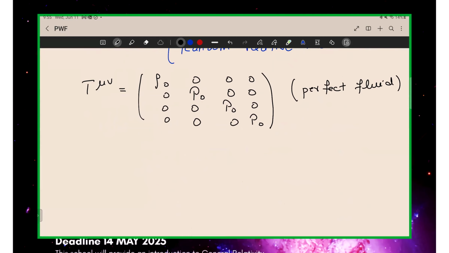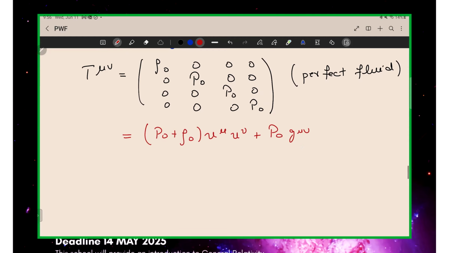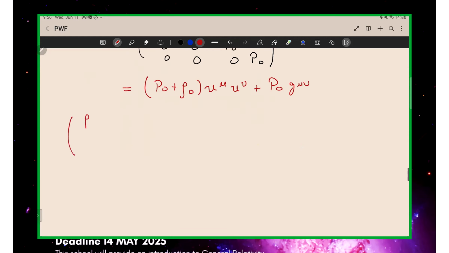But before I leave this topic, there are certain things that I want to say. One thing is that there is a simple expression that you can write down for perfect fluid. So the expression is as follows. You can write down this expression: P naught G mu nu. Now, how do you get this expression? Well, the way to get this expression is to notice the following thing.